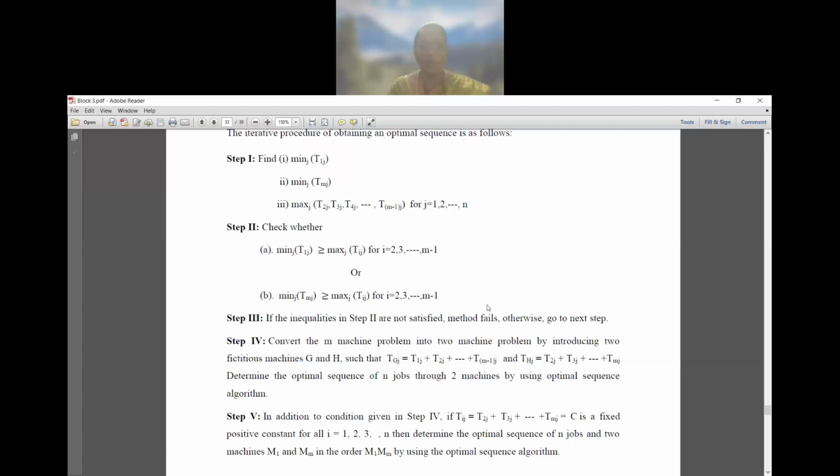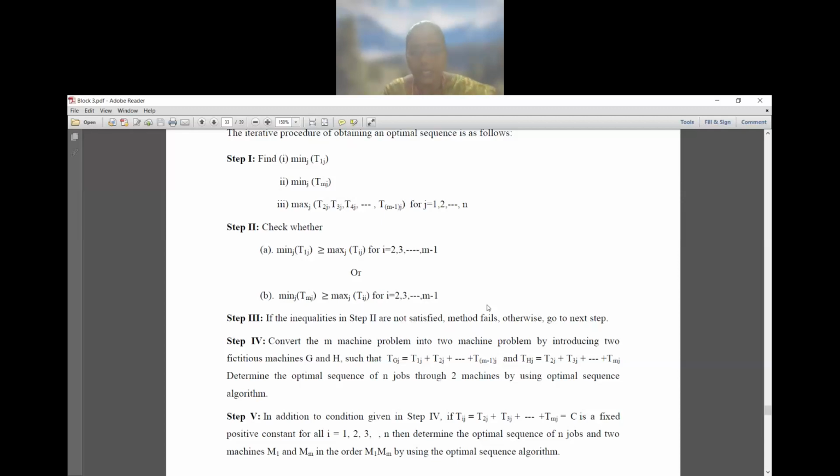Step 4: if any one of these two conditions is satisfied, then convert the m machine problem into a two machine problem by introducing two fictitious machines G and H, that is, dummy machines G and H, such that the machine G is calculated by adding the first m minus 1 machines, and H is calculated by adding the second machine up to the m machine.